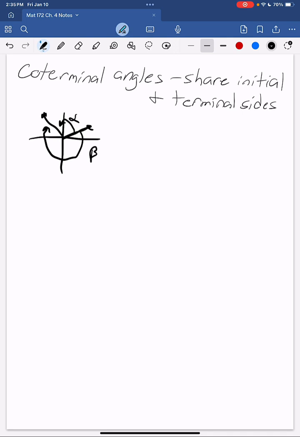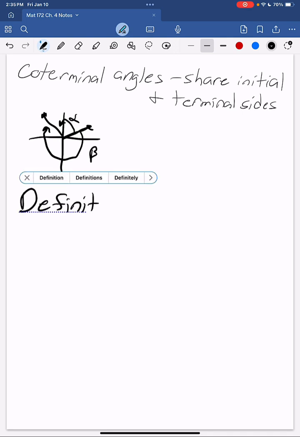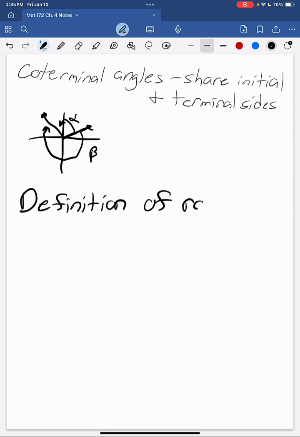And so now I want to talk about radians. So the definition of a radian. A radian is something that you probably heard in a high school geometry class, or maybe math 2.